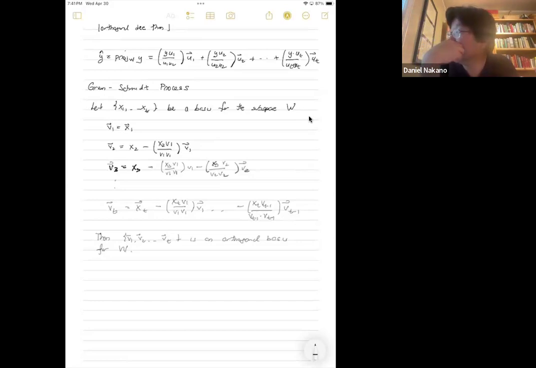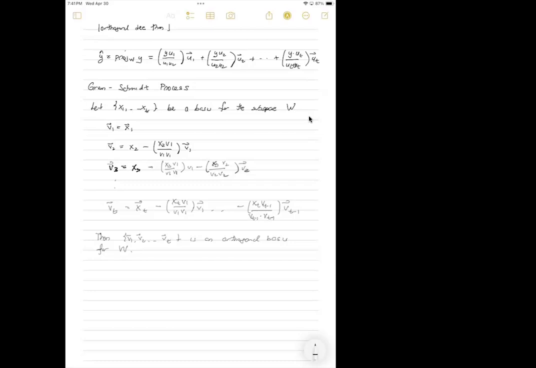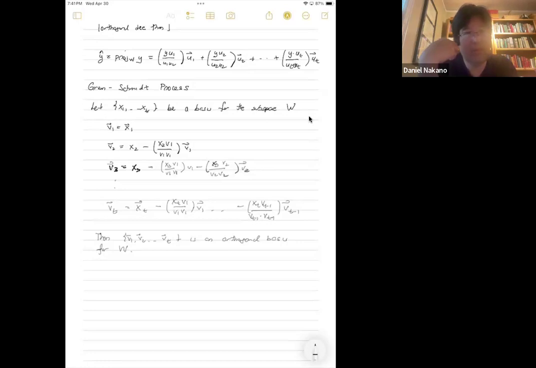But actually, let me think for a second. Yeah, I think you might get a different orthogonal basis. I think it depends on what order you actually do things in. Okay, thank you. Yeah, of course it does, because the first one you actually pick is the actual vector.